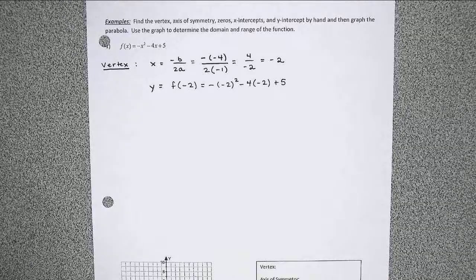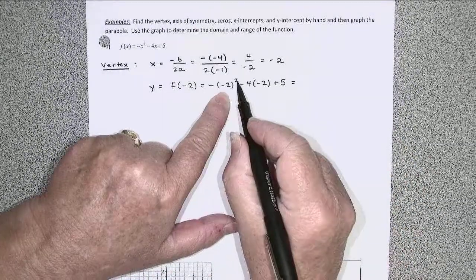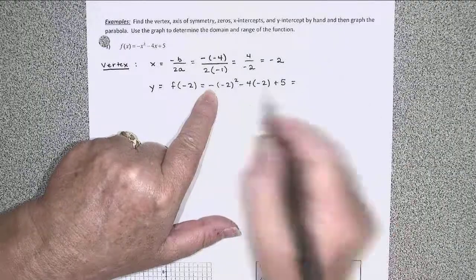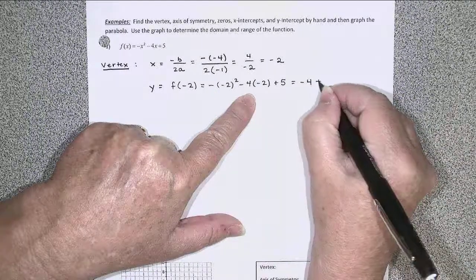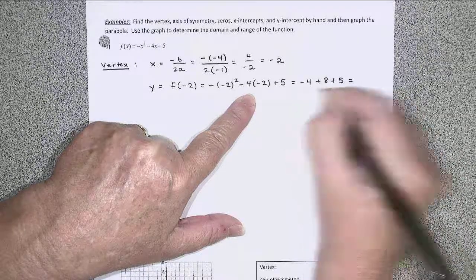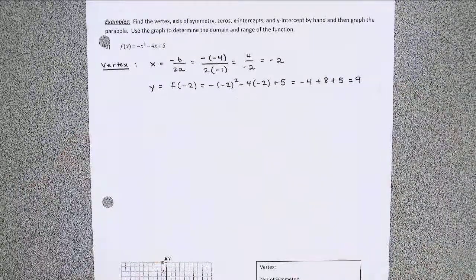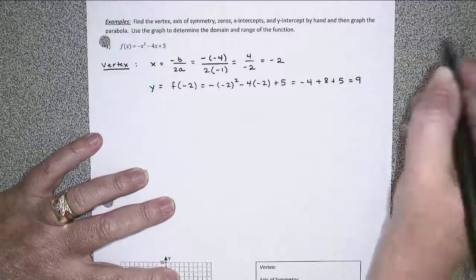As long as you use the parentheses the way we have them written, you can plug that right into your calculator, and it will give you the correct y value. Or we can also think this one through. Negative 2 squared would be 4, and then there's a minus sign in front of it. That's going to give me a plus 8 and a plus 5. 13 minus 4 is 9. So we've got a vertex of negative 2, 9.